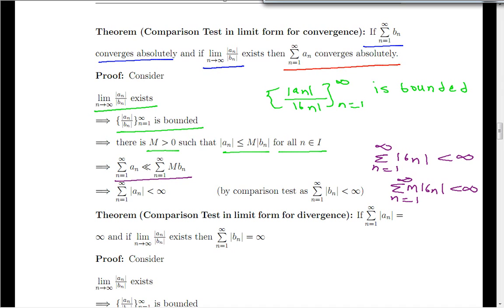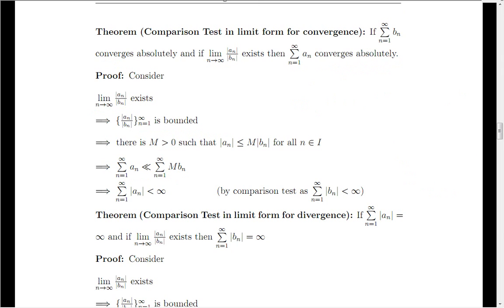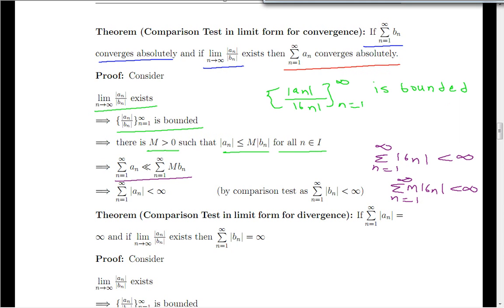Now we are in a position to apply comparison test in absolute form. Basically, what does comparison test in absolute form say? If the bigger series is convergent, and in this case this is the bigger series, then the smaller series is also convergent.